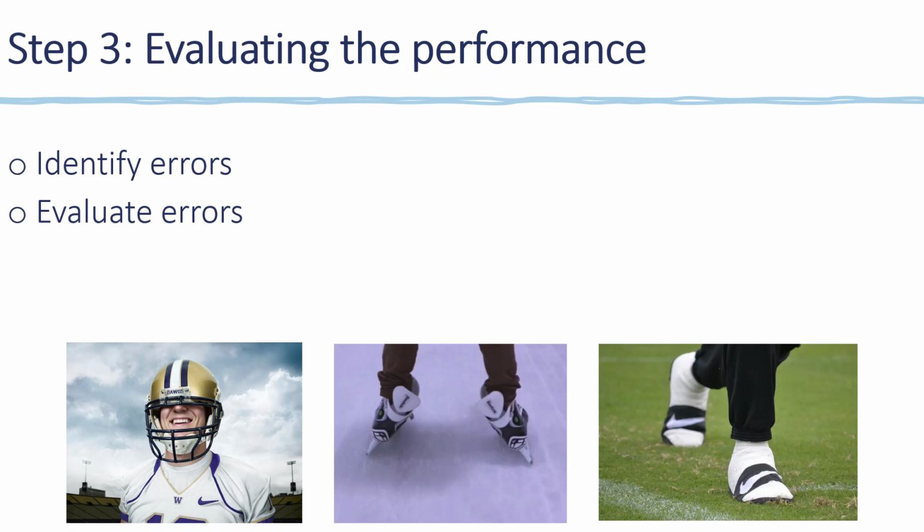Okay, step 3. Once the errors or the deficiencies have been identified, then they should be evaluated to determine the focus of the correction. So you need to prioritize the errors that you want to correct based on several concerns, like whether the error exposes the performer to the danger of injury. Obviously, this should always take priority.